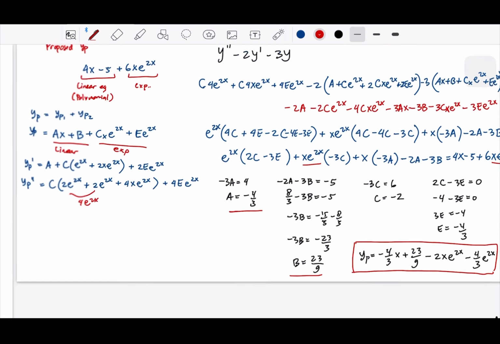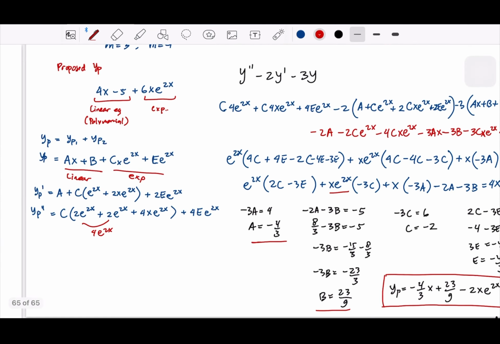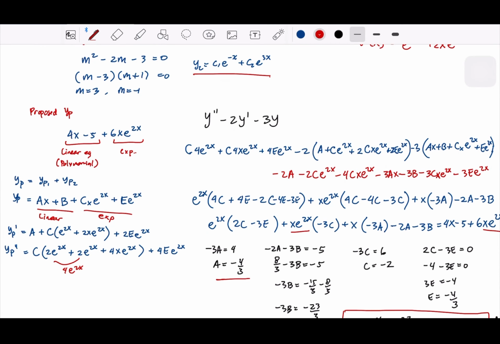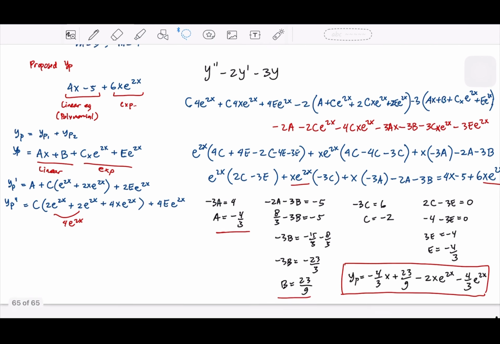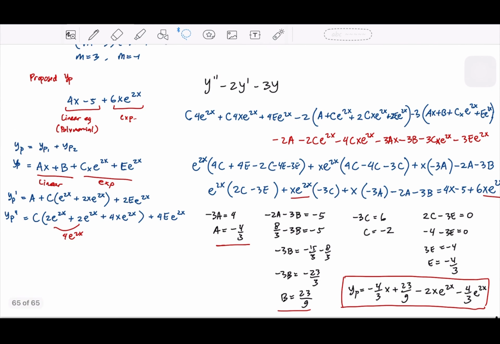So we can write the general solution. Let me copy this part. So this is the general solution. And then we add the yp.